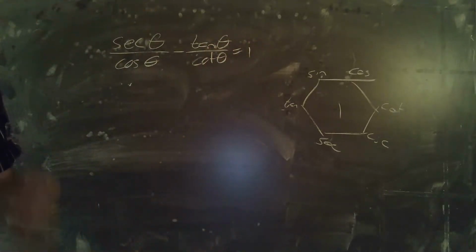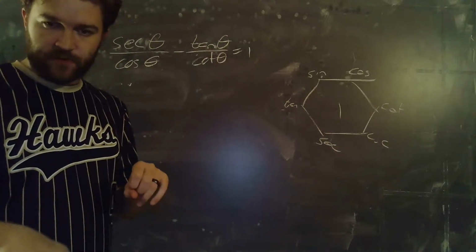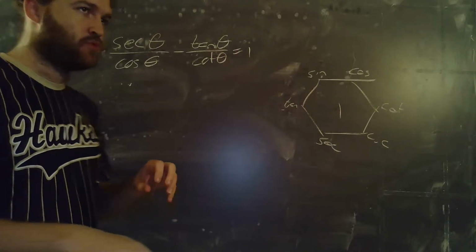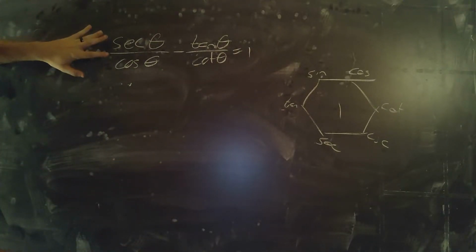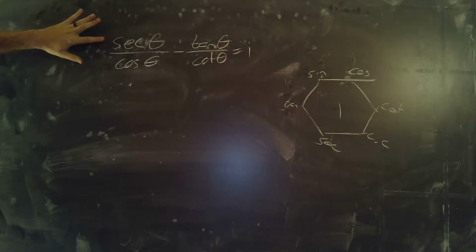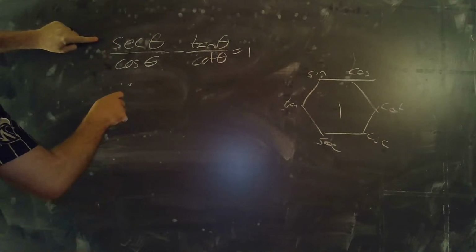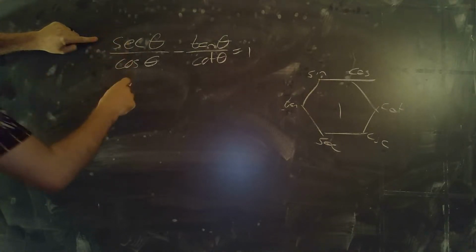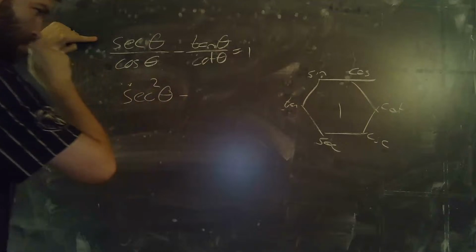So let's just do that move from the previous problem again. How do you move things from the bottom of the fraction bar to the top? We can take cosine and throw it up here on this fraction. It's just when I move it from the bottom to the top, it becomes secant. So we'll have secant times secant, which is secant squared theta.